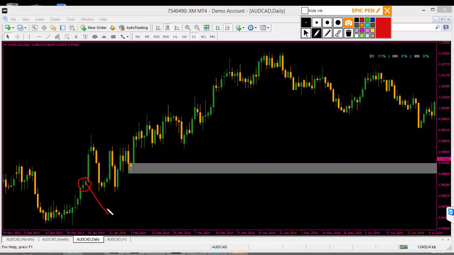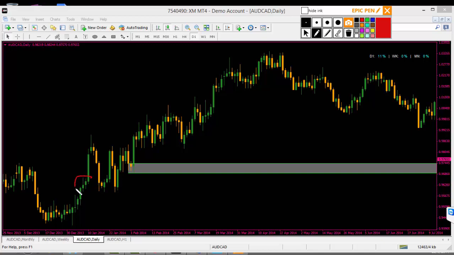Okay. But the problem right now, there's a problem with this base. You see, it's a stair step. If you read our manual, there's a slide that says when the demand or supply is picked up on a stair step, not even, it has less probability to hold the price.